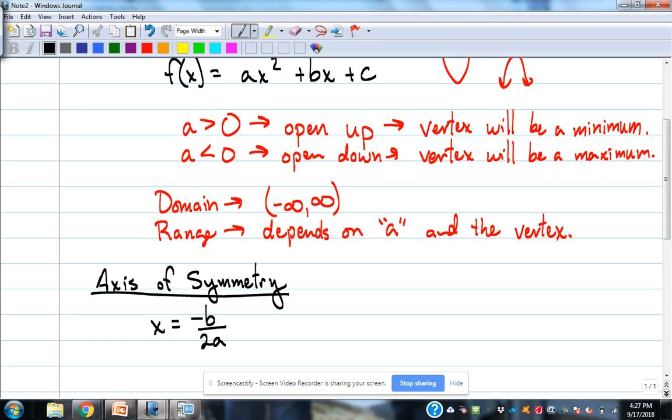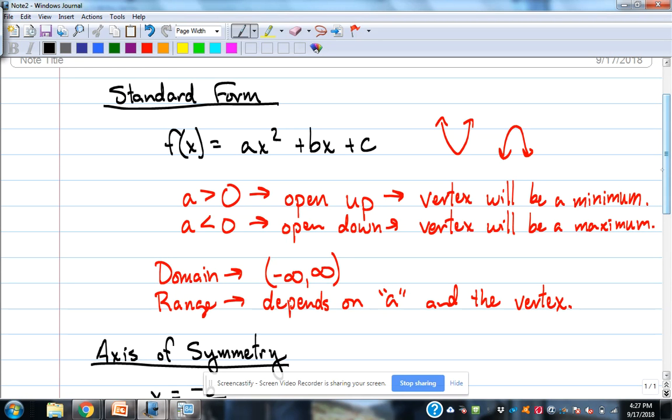Okay. Always going to be negative b divided by 2a from that standard form, if you're dealing with standard form. If you're dealing with one of the other forms, we're going to talk about how to deal with that. Okay. Axis of symmetry means it's going to be this imaginary line that cuts right through the middle of the graph. If I were to fold those parabolas right on that line, they would match up side to side. That's the symmetry idea.